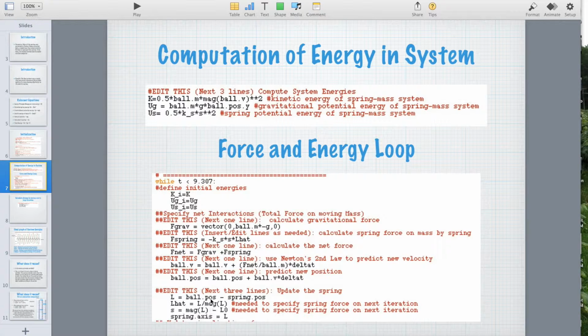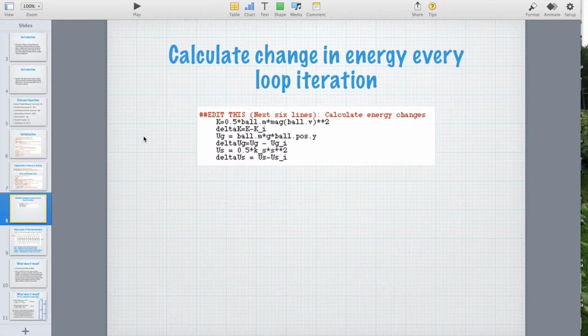From here, we update the length of the spring and the L-hat associated with it. Finally, we calculate the change in energy during every loop. Here we see the change in kinetic energy, the change in gravitational potential, and the change in spring potential.